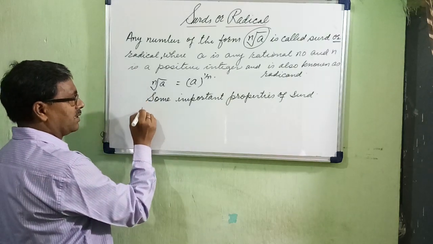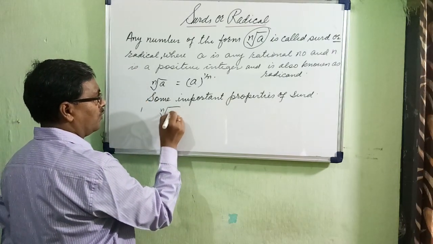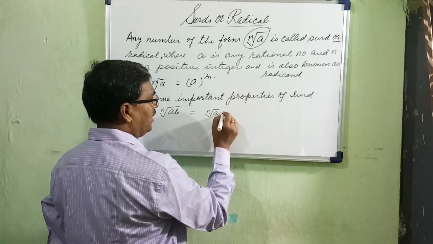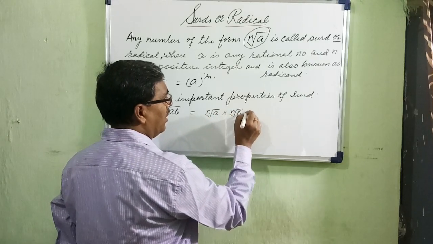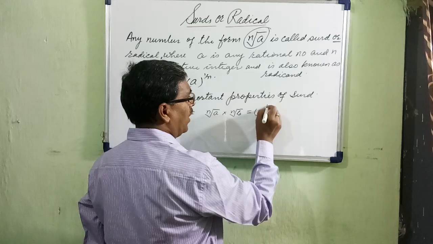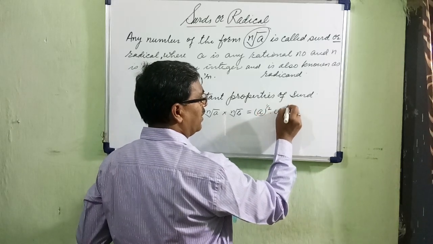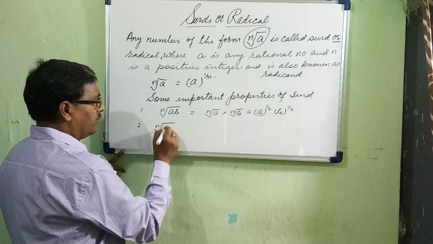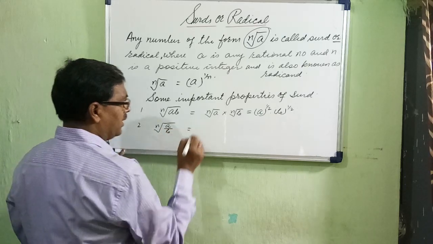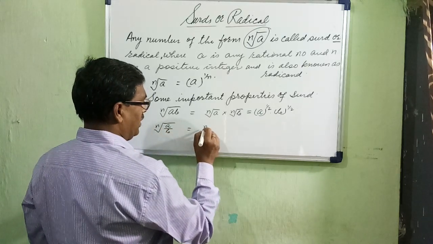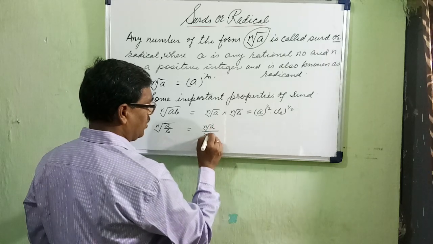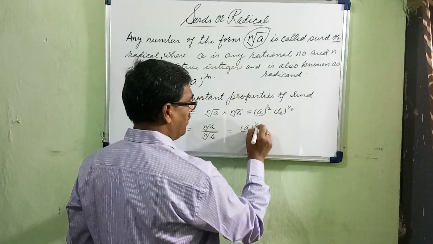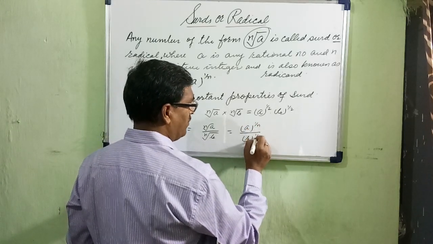So what are the properties? If suppose nth root of a into b is there, you can write nth root of a into nth root of b, or a to the power 1 by n into b to the power 1 by n. If you have nth root of a by b, then this is equal to nth root of a divided by nth root of b, and that can be written as a to the power 1 by n divided by b to the power 1 by n.